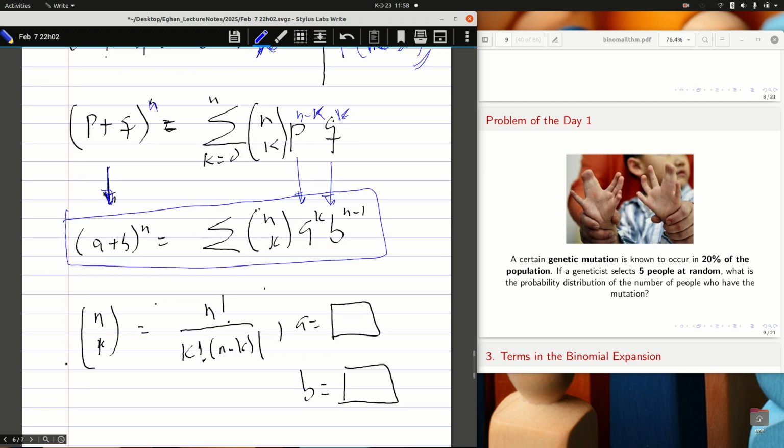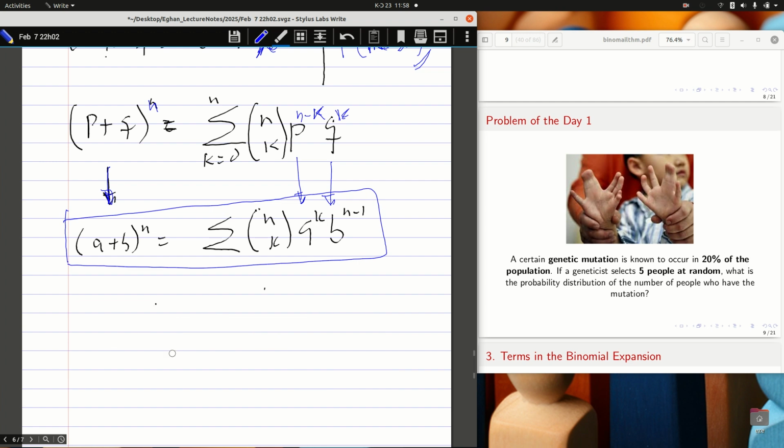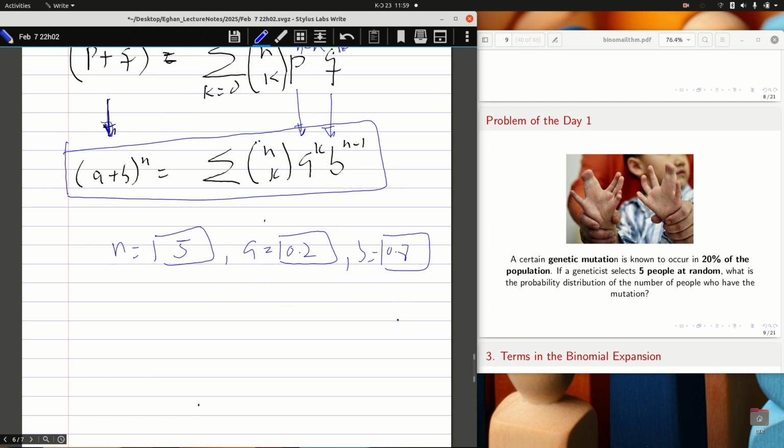I'm helping you to solve the problem. So the question, what is my n? My n is 5 people. My a is 0.2. My b is 0.8. Summation k running from 0 to 5 now. What's the probability that k is 0?